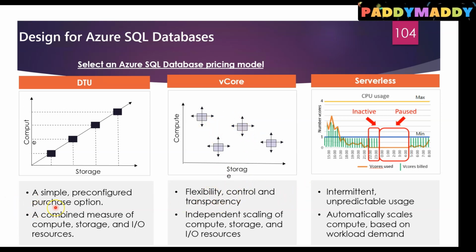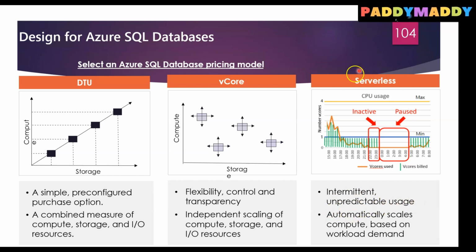But whereas with DTU, it's a combined measure of the CPU or compute power, storage and IOPS with respect to the DTUs. Here with vCores it's not like that, and it's going to be more about the independent scaling of compute, storage and IO resources.